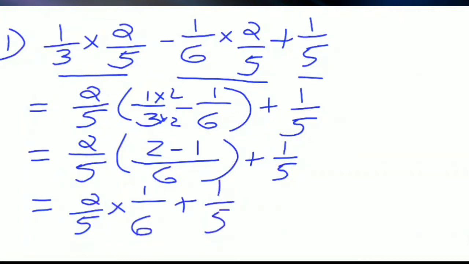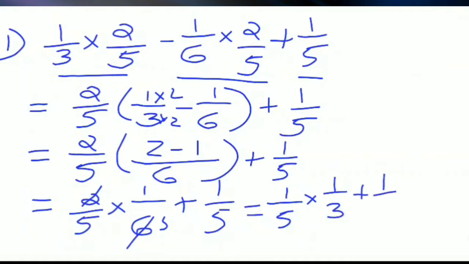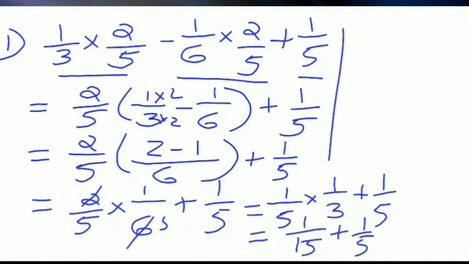Now we can cancel the 2 and 2 with 6, and we get 3. So what is left is 1/5 into 1/3 plus 1/5. Here we can apply the distributive property again, otherwise we can write it as 1/15 plus 1/5.